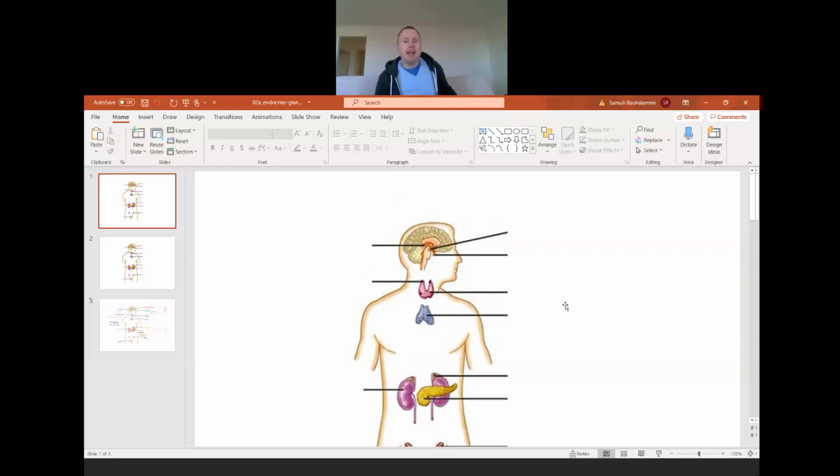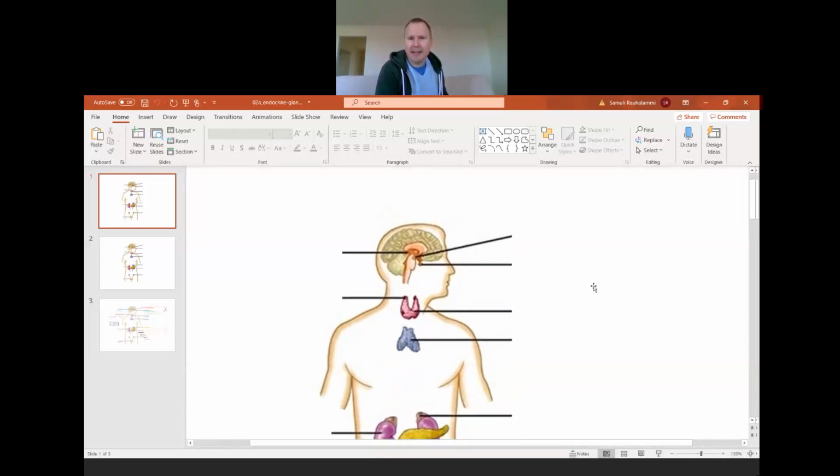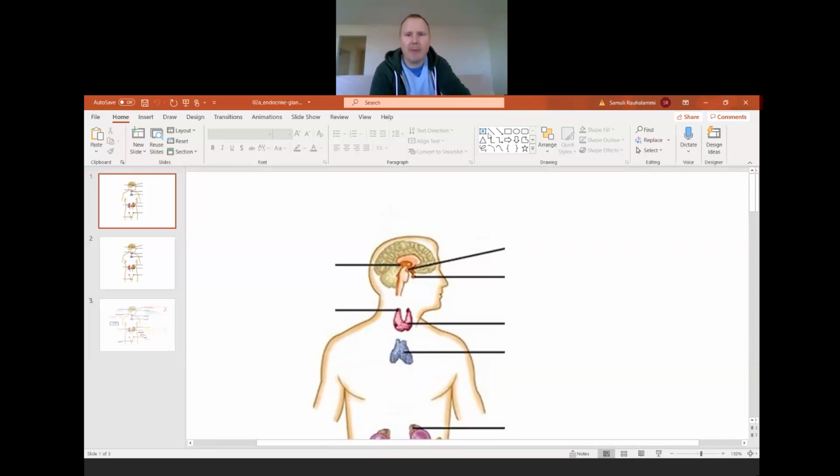So endocrine glands, endocrinology, endocrine was all about hormones. So let's see what these glands that produce hormones are and what hormones they produce and how these hormones act, as a kind of a quick run through of what's going on. So as we are discussing these, we're just simply going to use this handout. In your lecture material videos, there's a little bit more pictures.